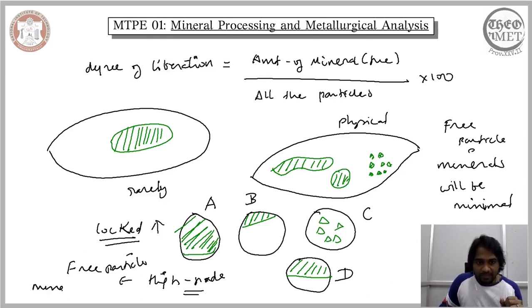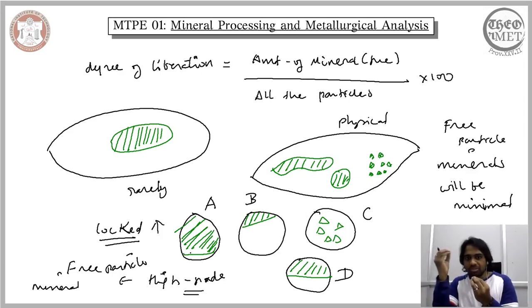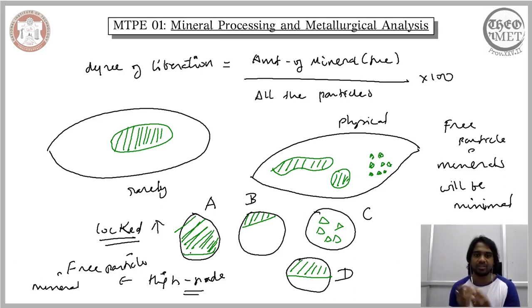Even though there is a small portion of gangue associated with these locked particles, since that portion is considerably small compared to the amount of mineral, we can refer to them as high grade particles and treat them similar to the free particles that exclusively comprise of minerals.